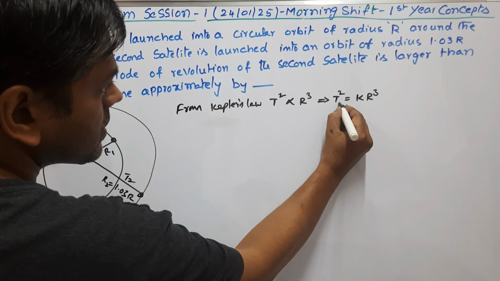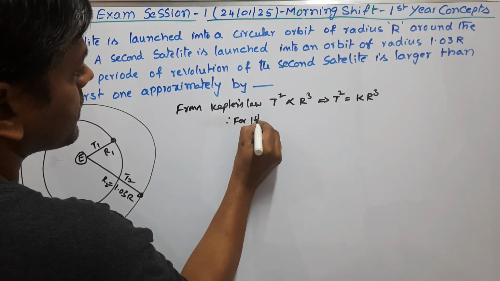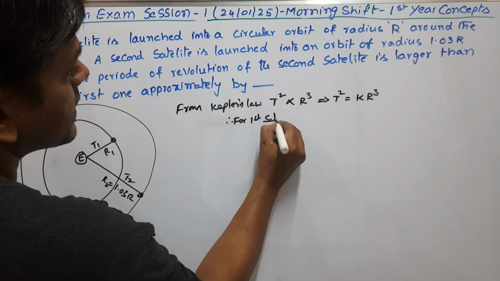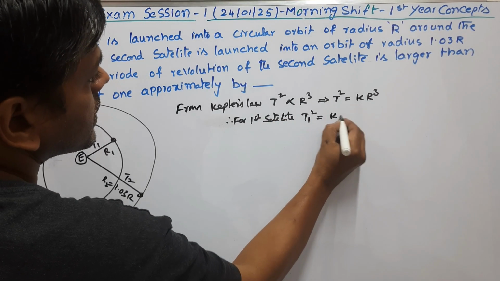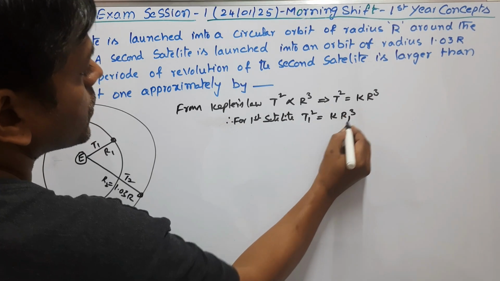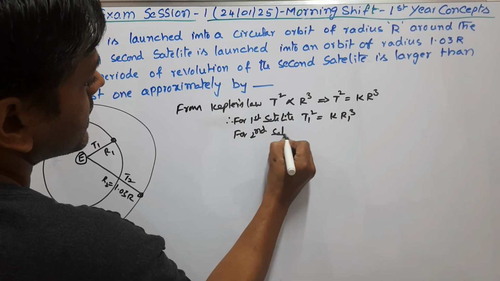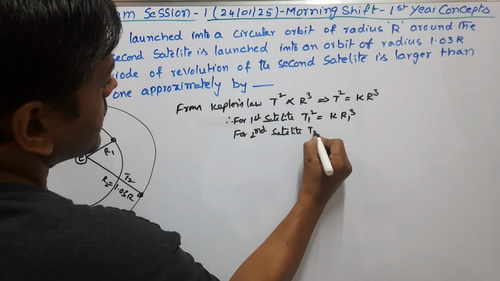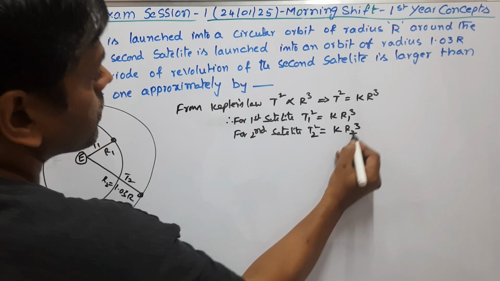Suppose this is T1. Therefore, for the first satellite, T1 square is equal to k into R1 cube. For the second satellite, T2 square is equal to k into R2 cube.